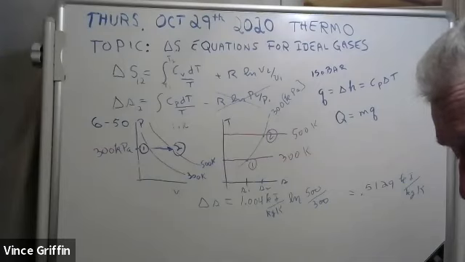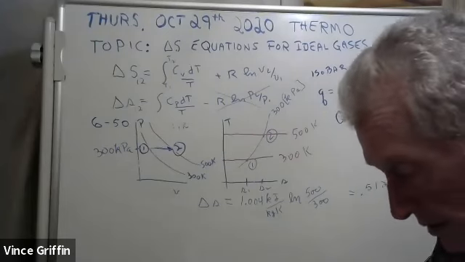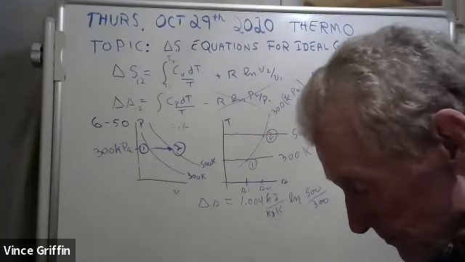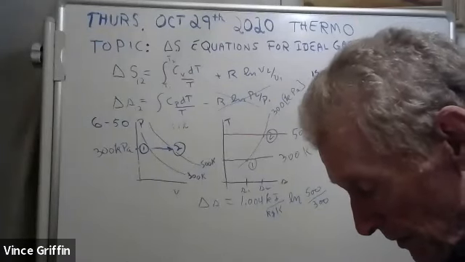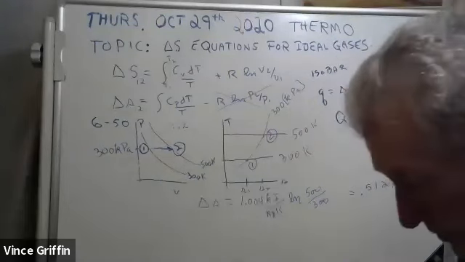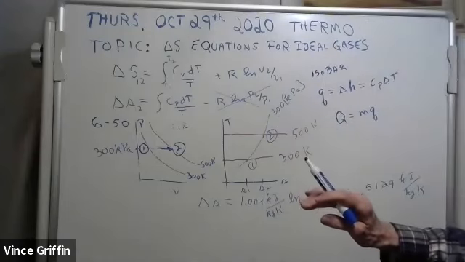For air, I'm looking for them. They're called ideal gas integral tables. And they have 300K. I need a little room here.